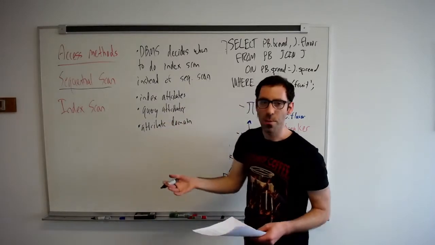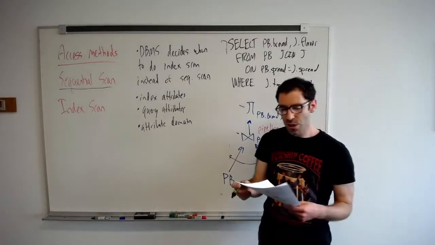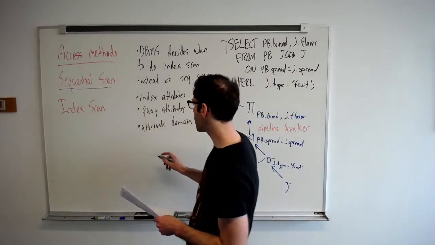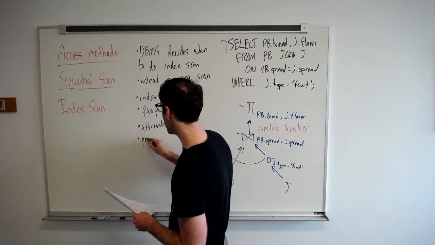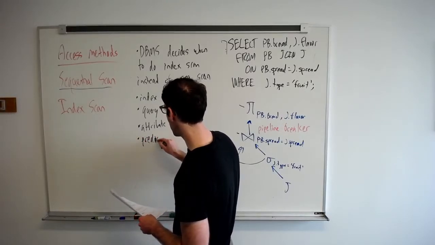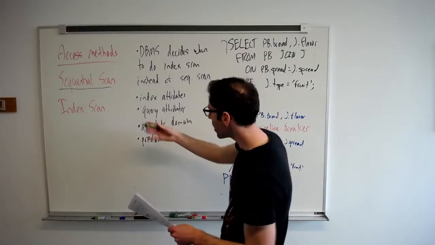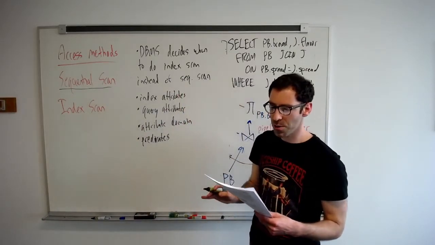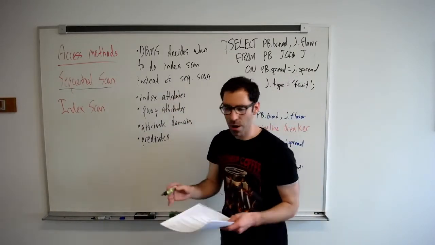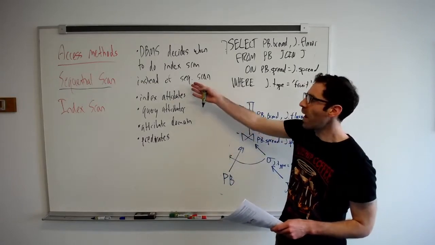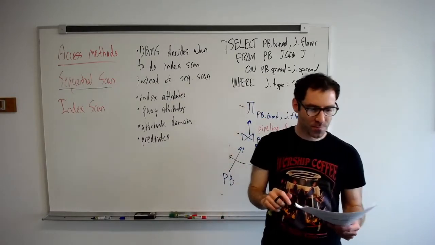The attribute domain, what is the range of values that a particular attribute might have. What predicates are involved in the query on these attributes, and other aspects of the index as well.